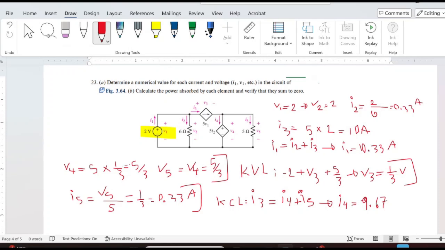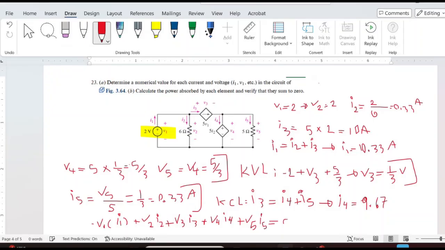Starting from the 2 volt V1, I should write minus V1 times I1 plus V2 I2 plus V3 I3 plus V4 I4 plus V5 I5.